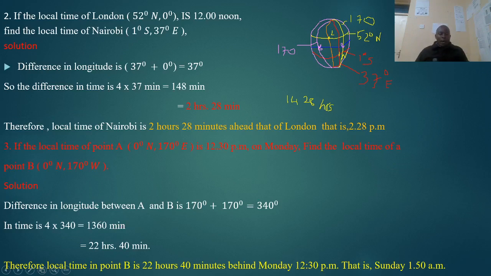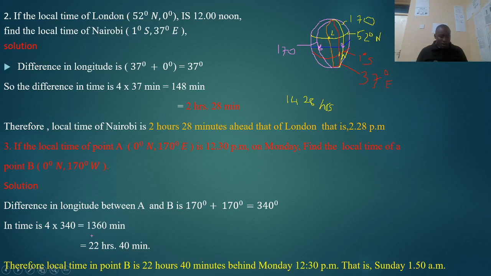If you divide 1360 by 60, it will be 22.666666 hours. Like I said, I take my whole number 22 to be the hours.